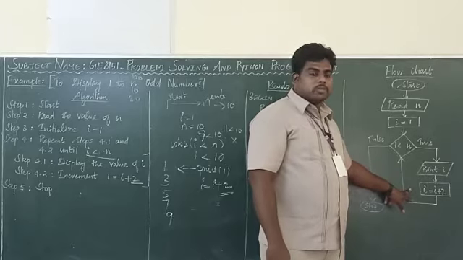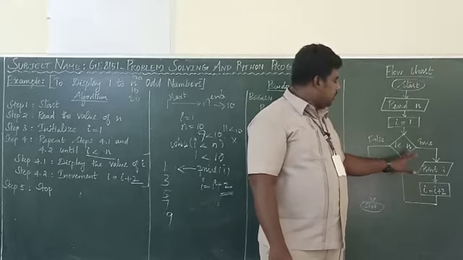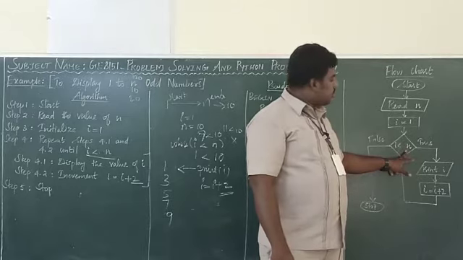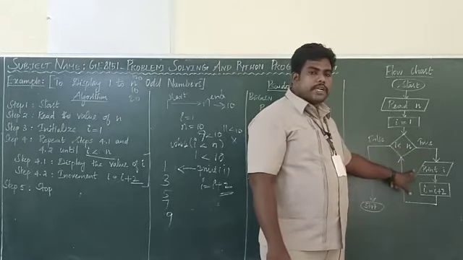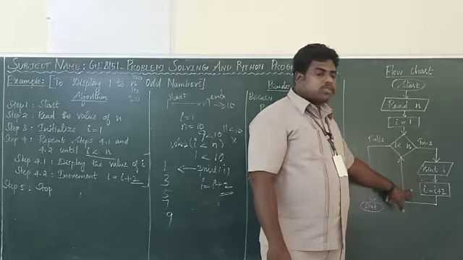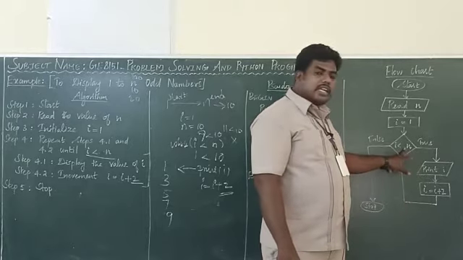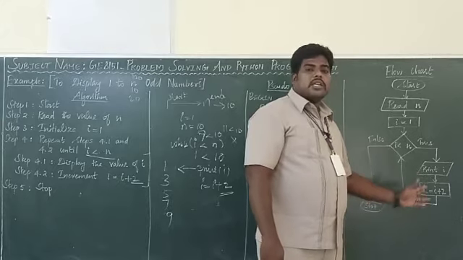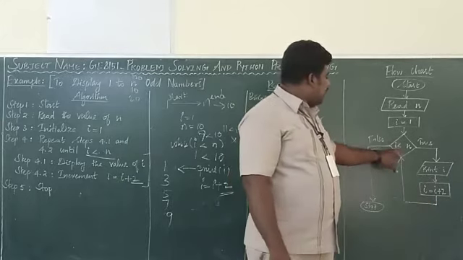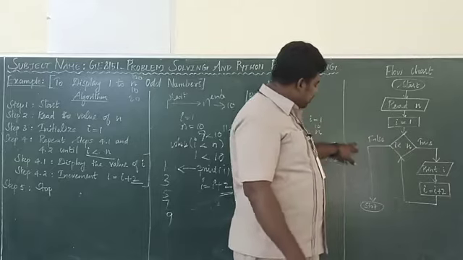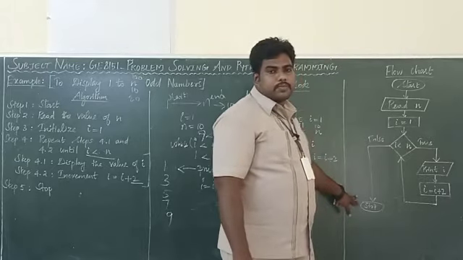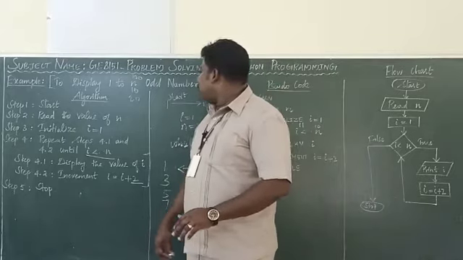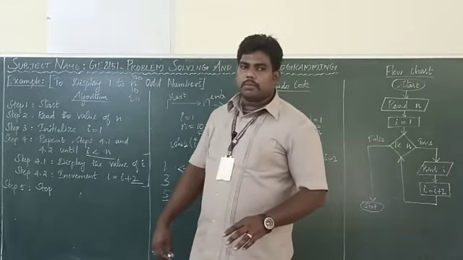Now 5 plus 2, 7. 7 less than 10, condition is true. It will print 7. Now 7 plus 2, 9. 9 is less than n, so it will print 9. Now increment, 9 plus 2, 11. 11 less than 10, condition false. It will come to stop. Okay, so this is the logic to display 1 to n odd numbers.